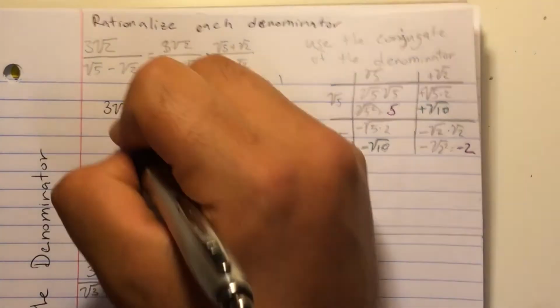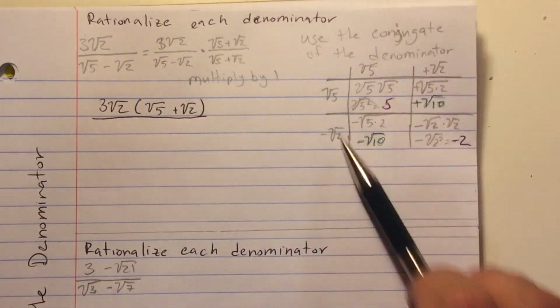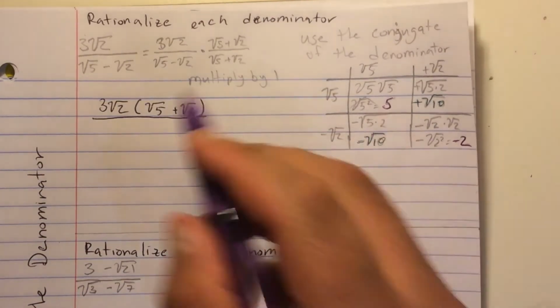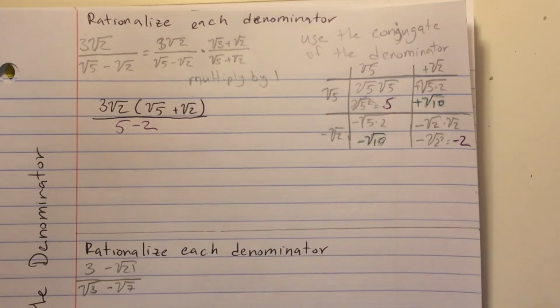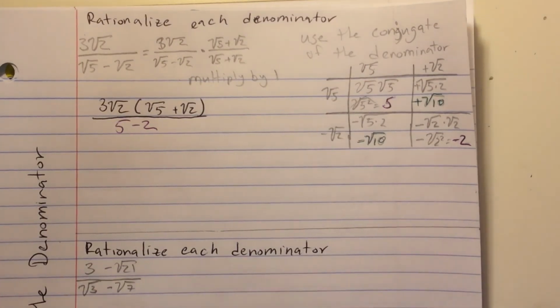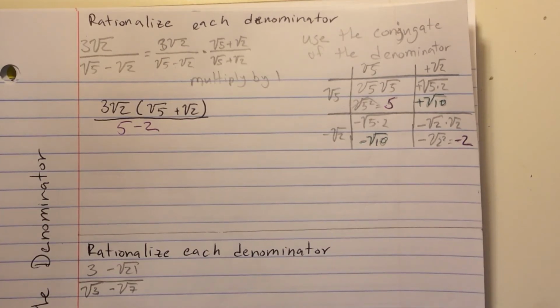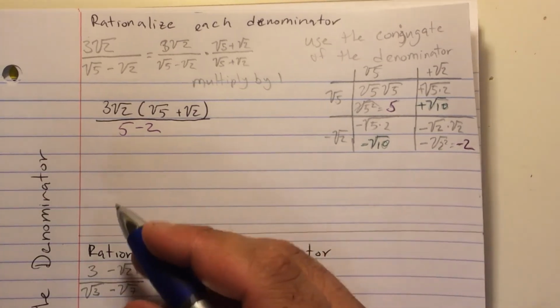This is all over our denominator, which goes to 0, so all we need to do is 5 minus 2. I'm going to do the distribution in different colors so you can see. I can't use green because I already used green, I have like 5 green pens, so I'm just going to use the black I was using.